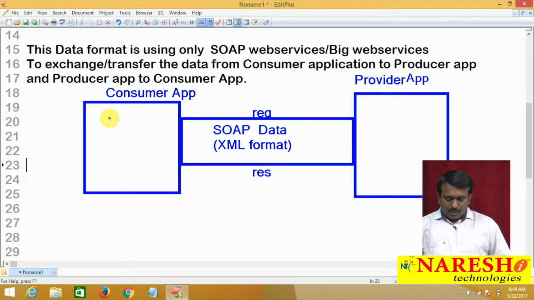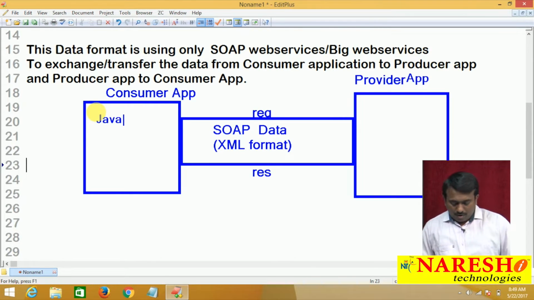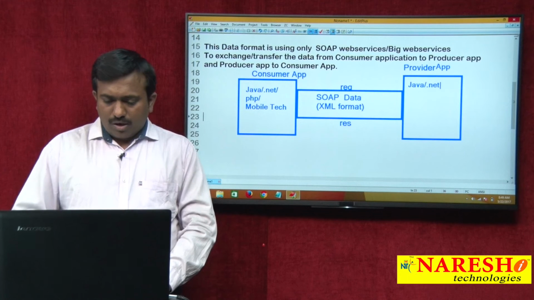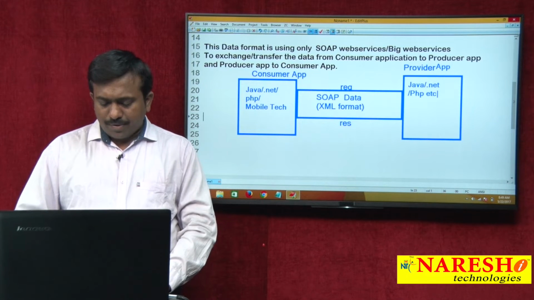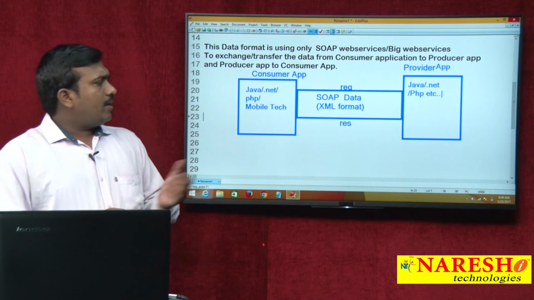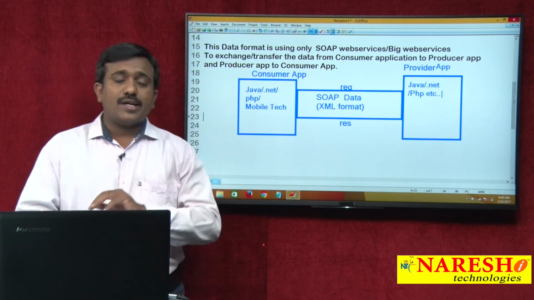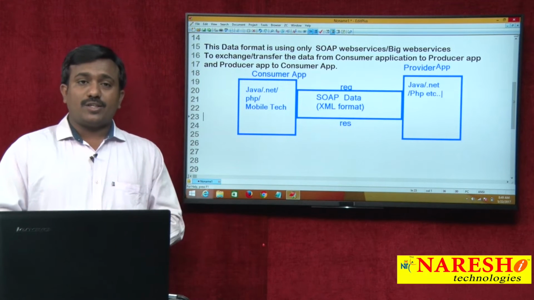The consumer application may be developed with Java, .NET, PHP, or any mobile technology like Android or iPhone. The provider application is also developed with Java or .NET or PHP like this. Now try to understand: the consumer side application is developed with which technology, there is no guarantee. The provider side application is developed with which technology, there is no guarantee.